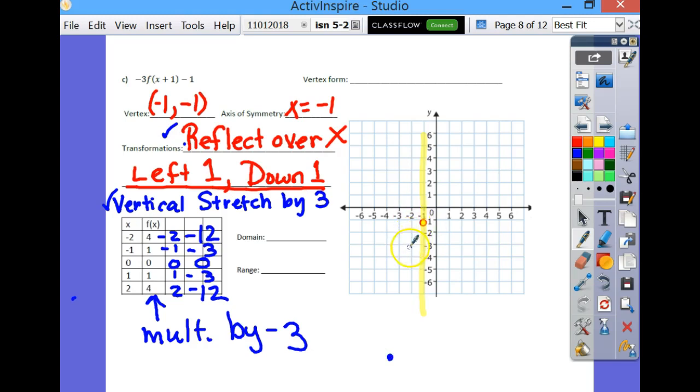I'm going to go left 1 and down 3, so that's a point on my graph. Right here, I'm going to go right 1 and down 3, and that's going to be a point on my graph. I'm going to go right 2 and down 12, and that's going to go all the way off the bottom of my graph. And this is going to make a skinny little parabola, because that's what happens when you stretch it by 3. It makes it look pretty skinny.